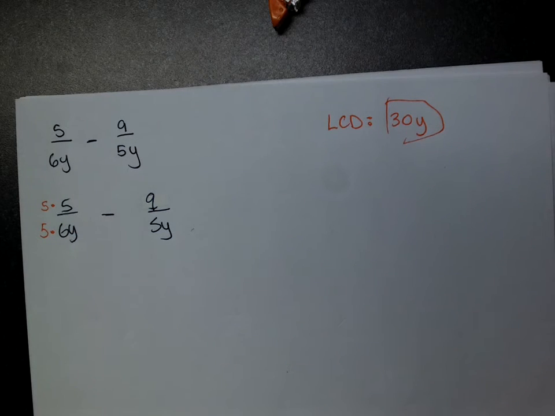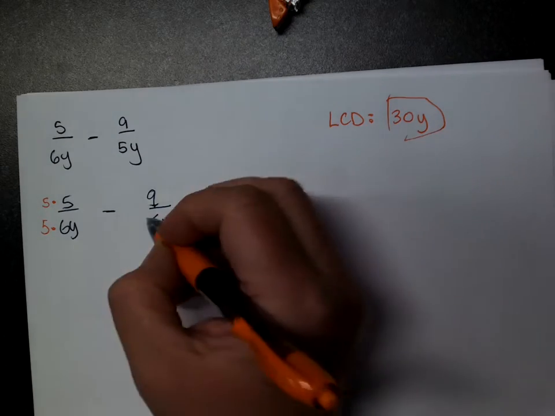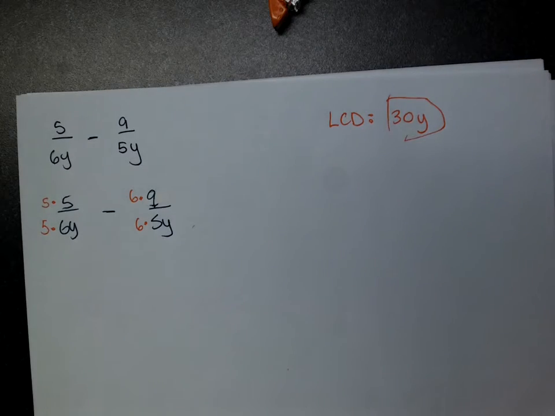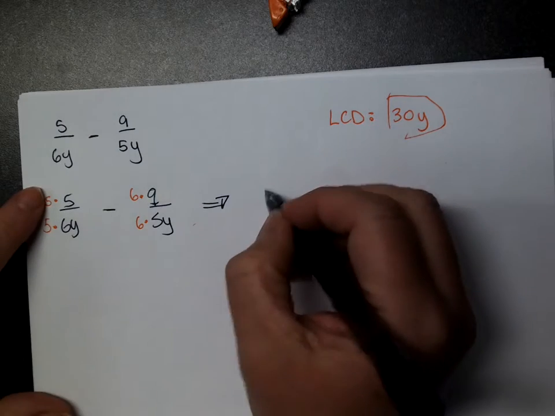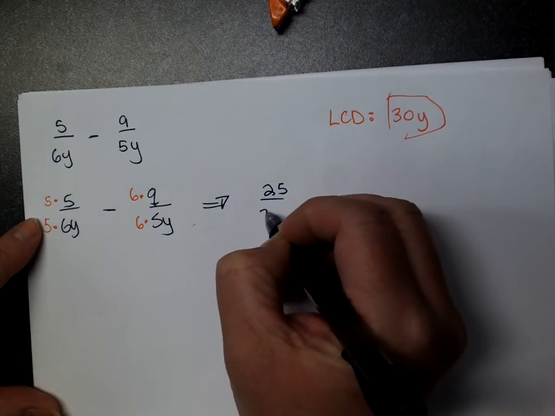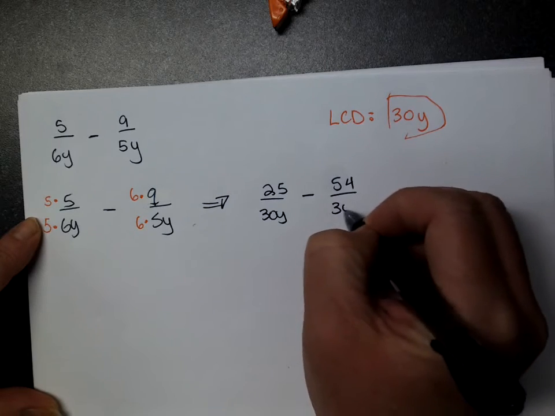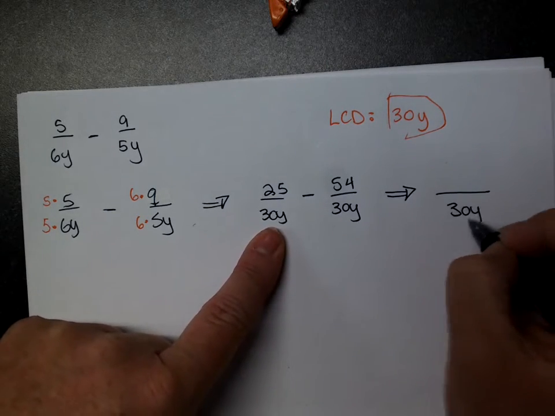Okay? This is a factor of 1 thing again. How do I make this match that? 6. Right. So times 6 will make it match, so as long as I'm fair to the top, I'm good. Okay. So that becomes 25 over 30y minus 54 over 30y. My denominator is common, it doesn't change.